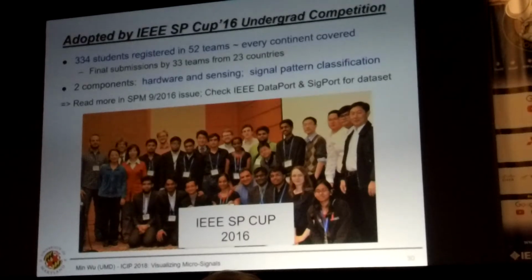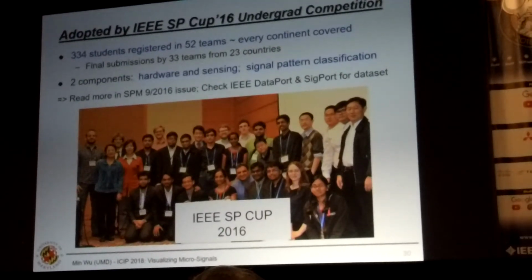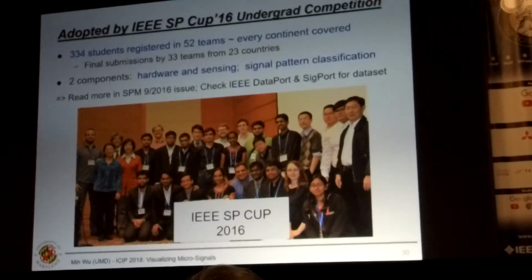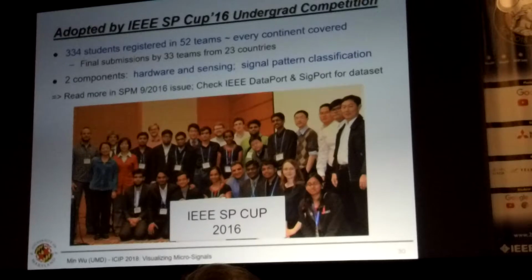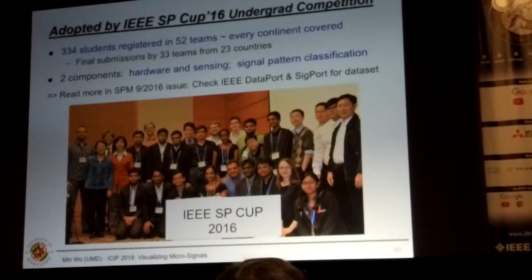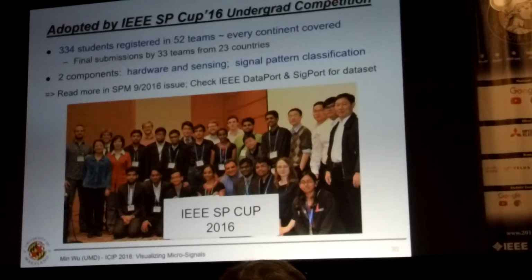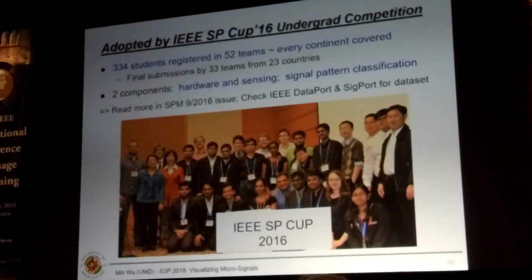They are undergraduate students forming teams to participate in this effort. Every continent with people living in it is covered. You can find the data set and the background information from the links in the Signal Processing Magazine's education articles.